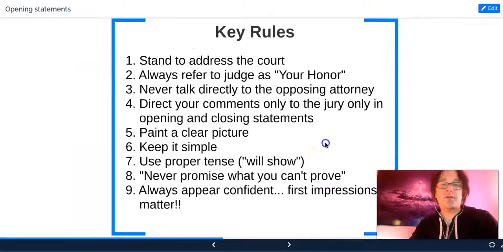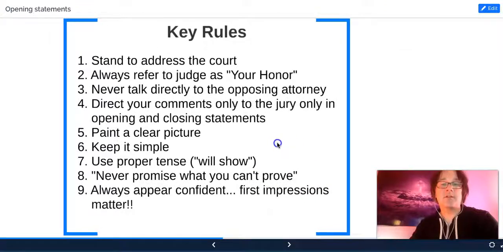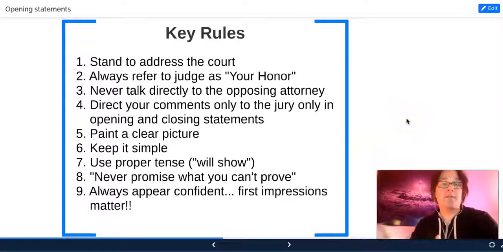So when it comes to some basic rules of the trial, you need to stand when you address the court. So you need to stand whenever you address the judge. But because we're doing this remotely, we won't require people to stand to address the judge, but you will still have to refer to the judge, me, as your honor, right? So anytime you address the judge, it should be your honor.